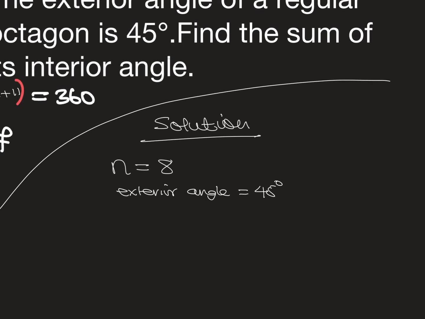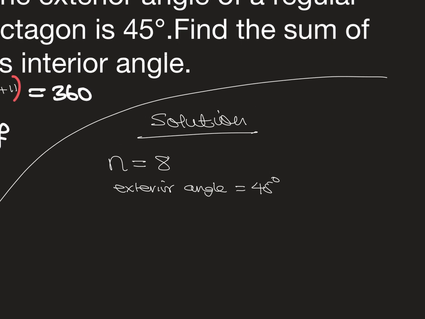So how do we find the sum of the internal angles? Well, it is very simple. Since we already know it is an octagon where n is equal to 8, we can use the formula n minus 2 times 180 as the sum of the interior angles.